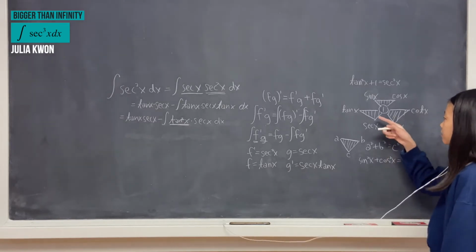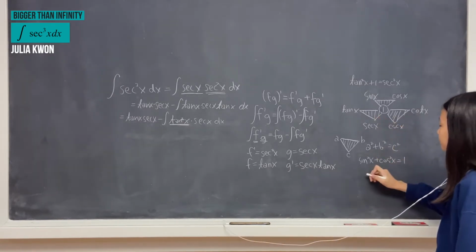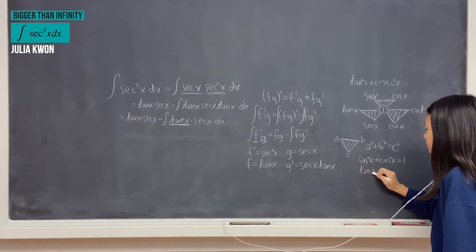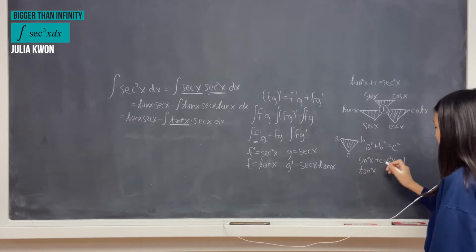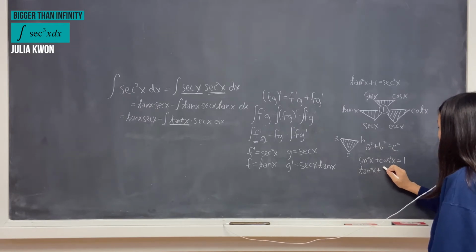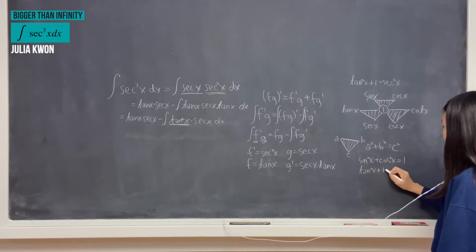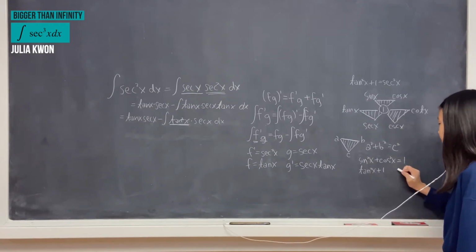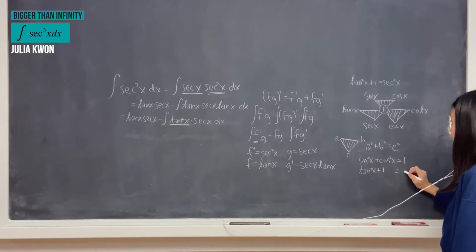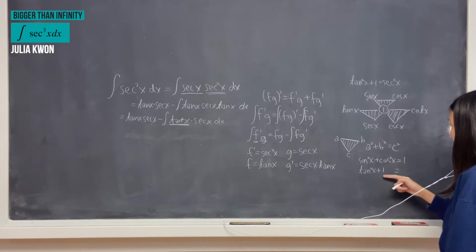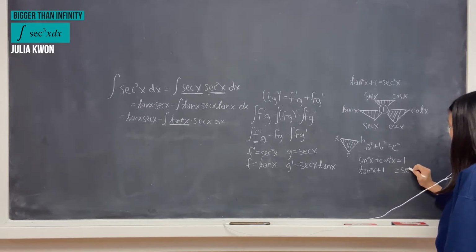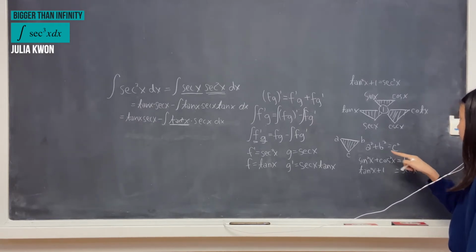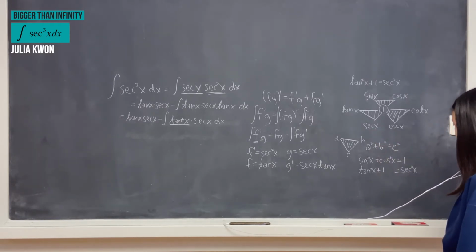And then for the second triangle, it would be tangent x squared, since A is tangent, and 1 because the B is 1 and 1 squared is just 1. And this is equal to secant x squared, since the C in this triangle is secant x.